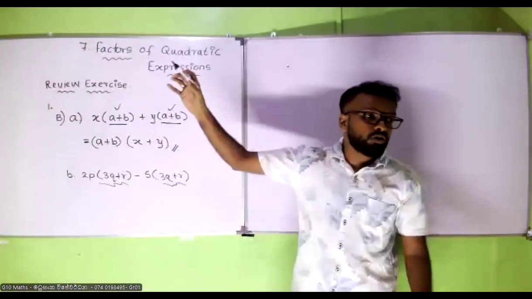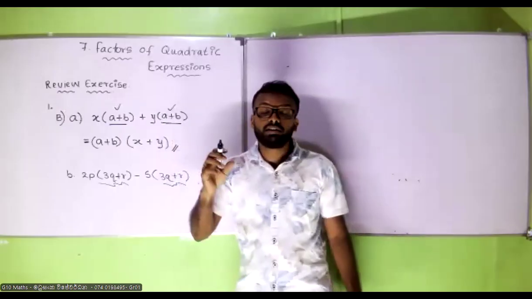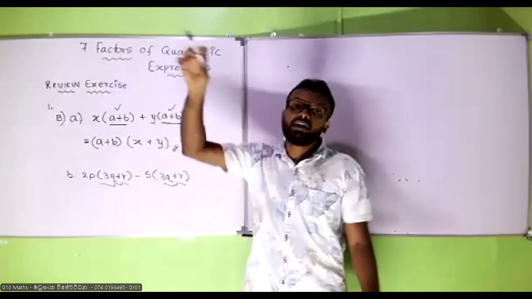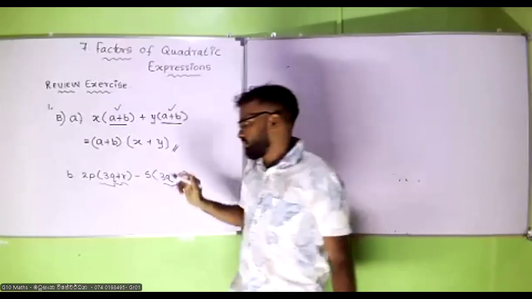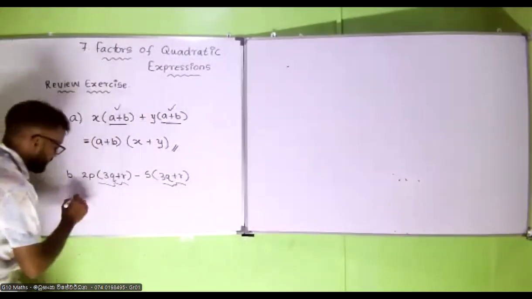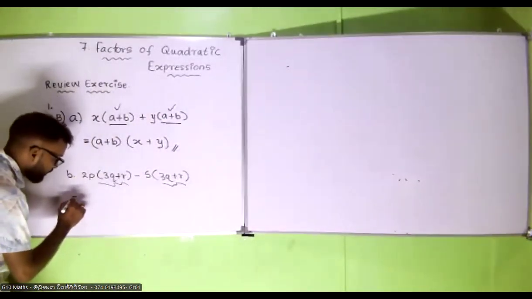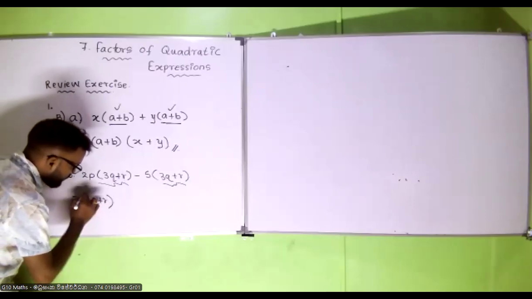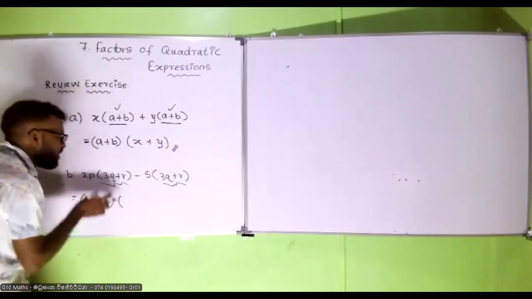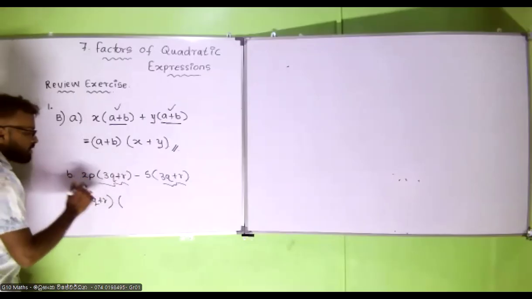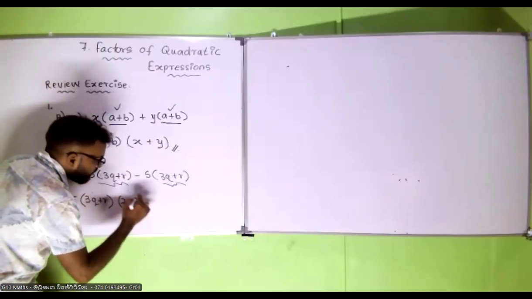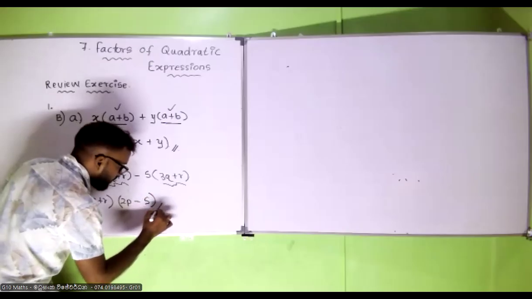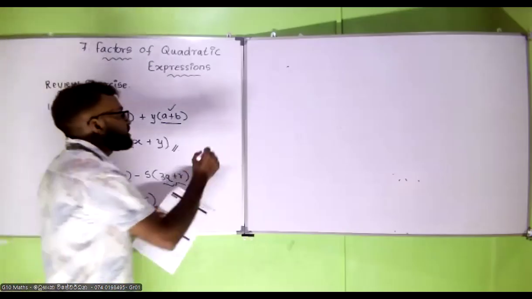So take it out from the bracket so that you write the remaining terms inside the other parenthesis. Equal, (3q plus r), close bracket. If you take this 3q plus r from here, the remaining term is 2p. Here you have a negative sign, that is subtraction, and s. Done.